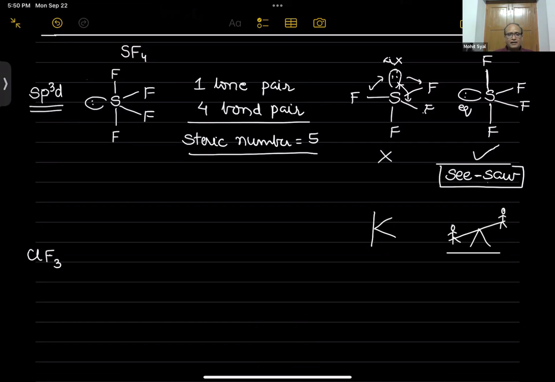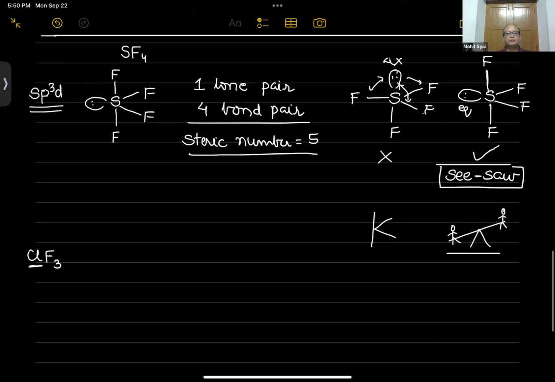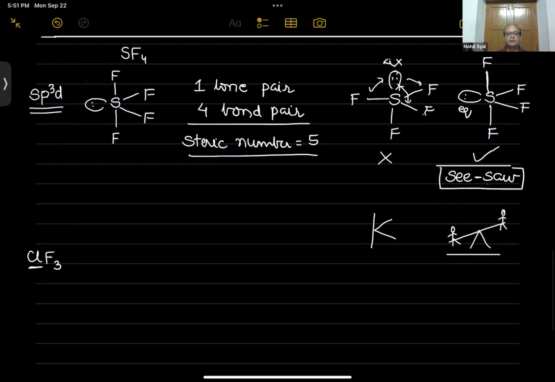How many valence electrons does Cl have? The central atom is Cl. Got it? Halogens, 7.